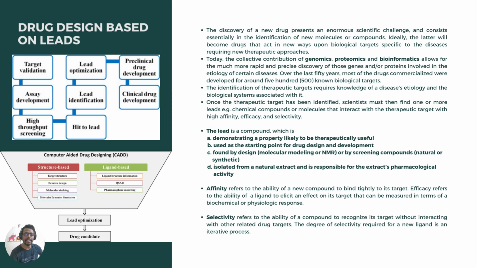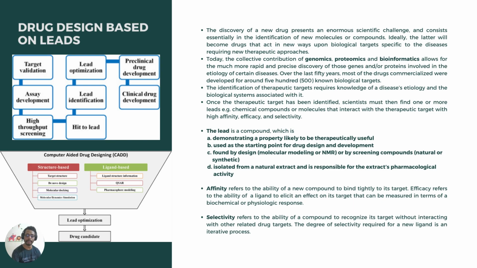These three are the important properties of a lead molecule. Lead molecules are chemical compounds or molecules identified from the database which show high affinity, efficacy, and selectivity. The lead compound is one which demonstrates a property likely to be therapeutically useful.